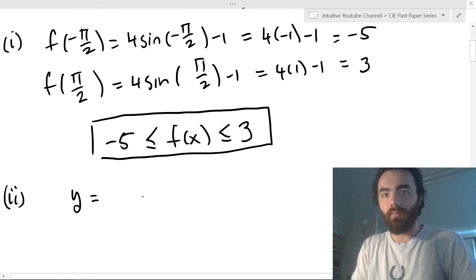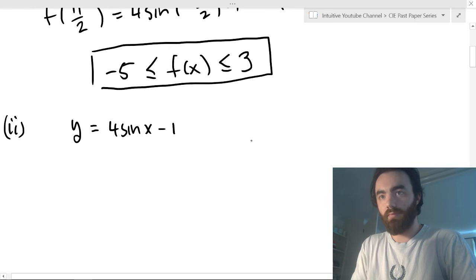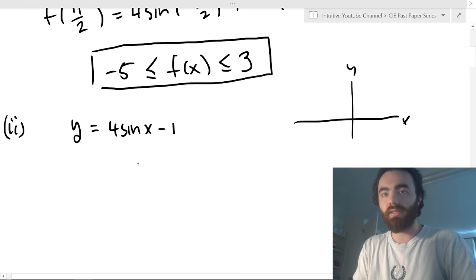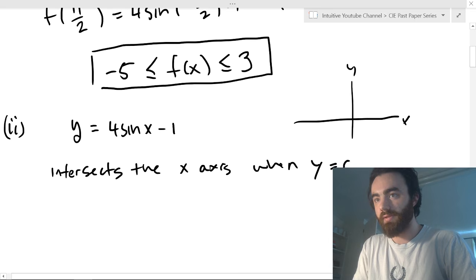Well, if y equals 4 sine x minus 1, you can say that this curve intersects the x-axis when y equals 0.